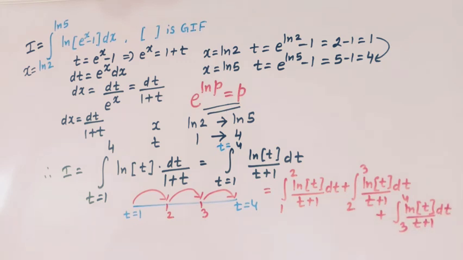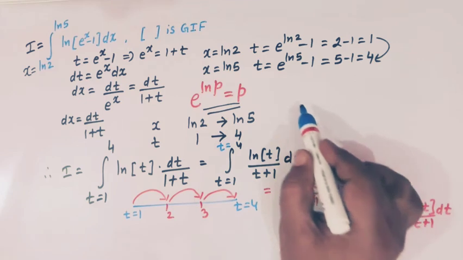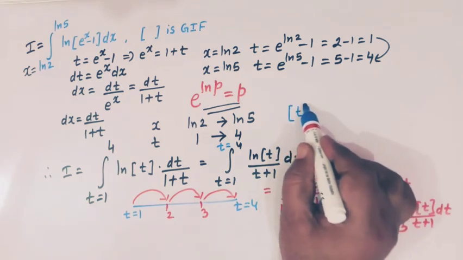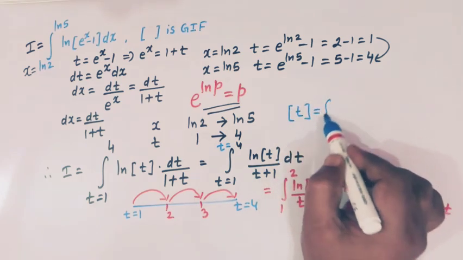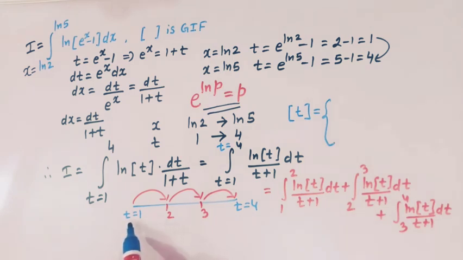Okay, so now our aim is to evaluate these three integrals, and before evaluating them, let us make use of the definition of the greatest integer function. Here we have the greatest integer t, and the value of t varies from 1 to 2, 2 to 3, and 3 to 4.